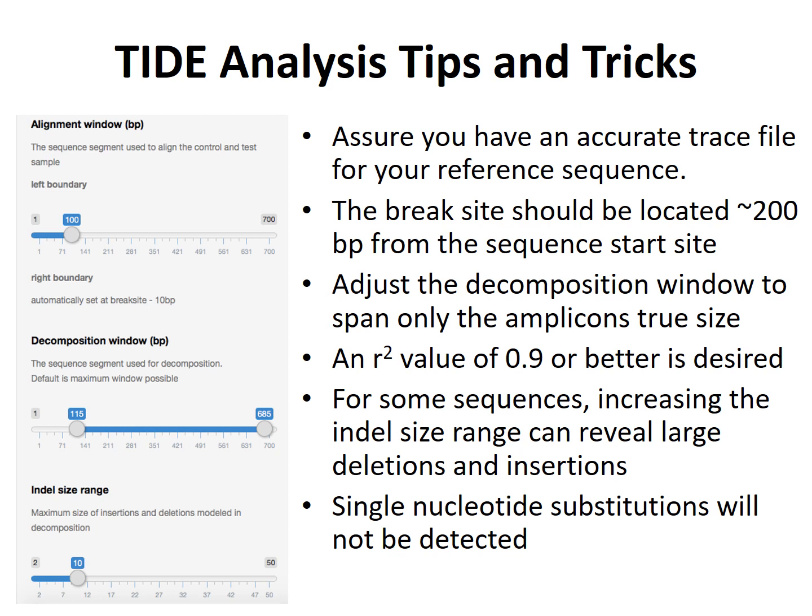The decomposition window should span the entire sequence of your amplicon. Oftentimes in Sanger sequencing, if you're sequencing a short PCR product, the sequencing will continue even after it's gone past that, and so you want to try to keep this window up to what you want.